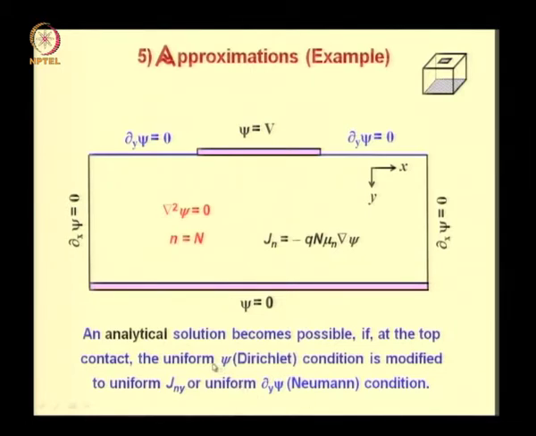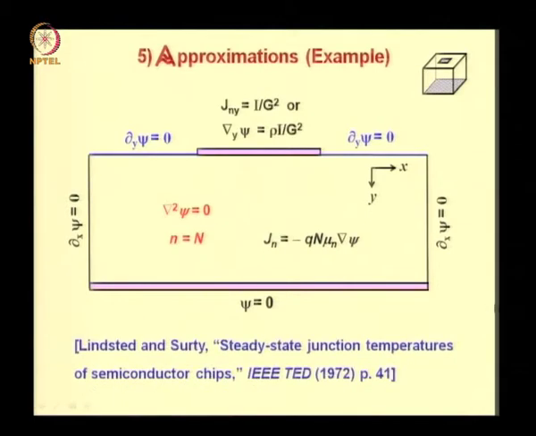So if you change the uniform potential to uniform normal electric field, or uniform normal current density, then it is possible to get an analytical solution. It has been found. Now this is a reference which discusses the analytical solution.